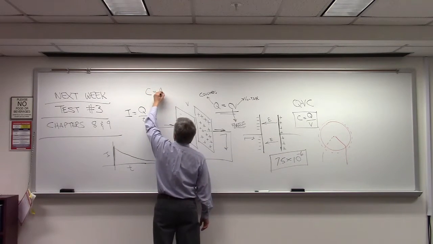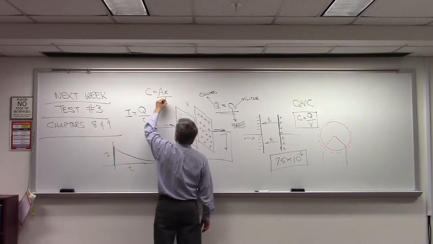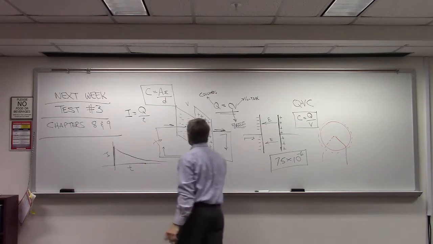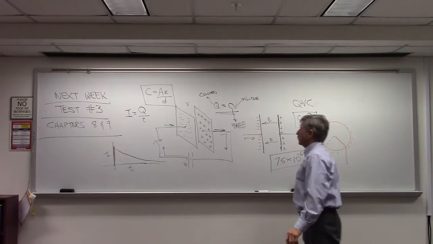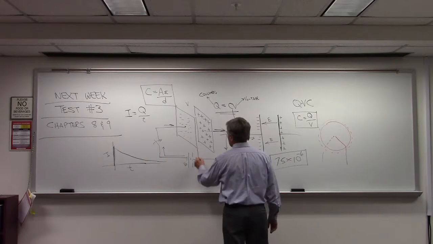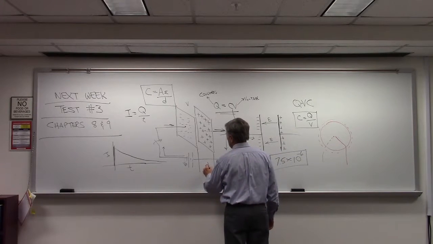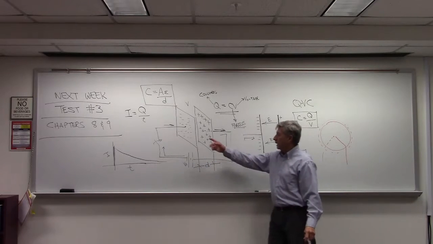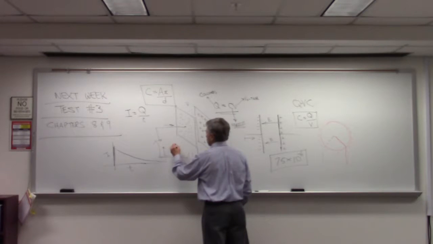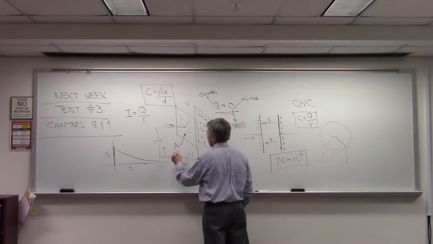Capacitance equals epsilon times area divided by the distance between the plates. That's this here, distance. The area is the area of one plate, not two plates. So this is the area, one plate.